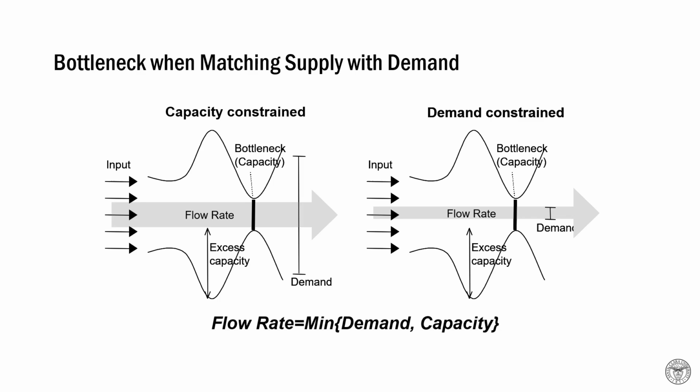This implies that the flow rate is restricted by the smaller factor, be it the customer demand or the system's capacity. By comprehending this interplay, organizations can effectively manage their operations and optimize resource utilization to meet customer demands.